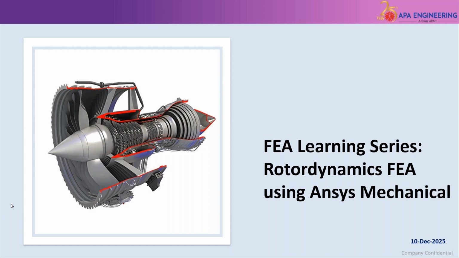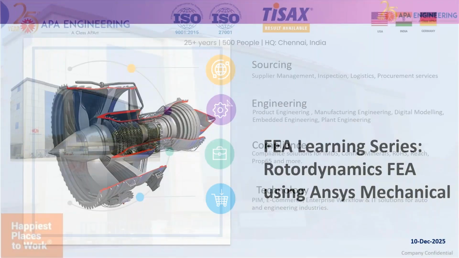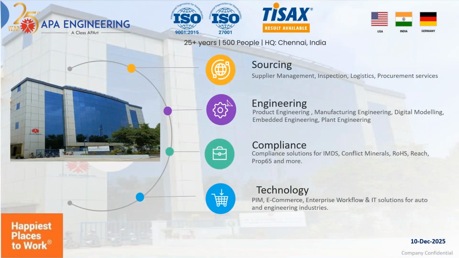Before getting into the webinar, I would like to share a very brief introduction about APA and then talk about the presenter. So APA is a 25-year-old, 500-people organization headquartered in India, serving clients across USA, Canada, Germany, Netherlands, and Australia.